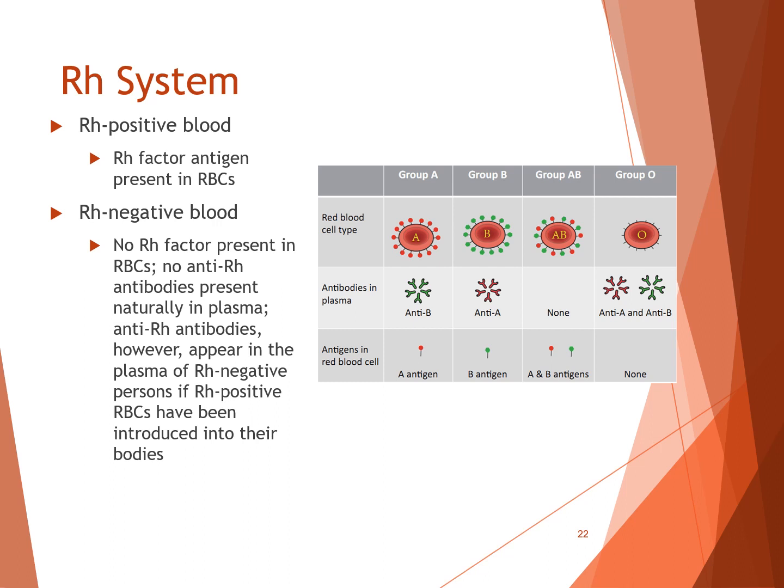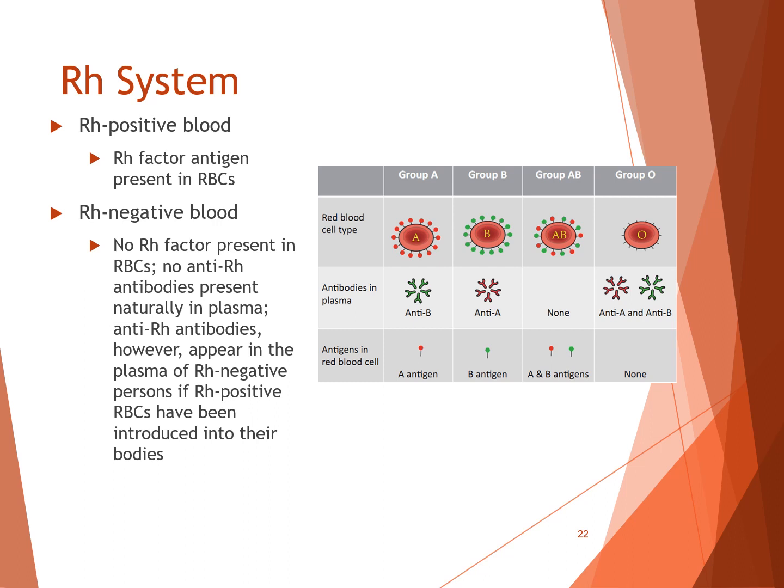Rh negative blood means that there's no rhesus factor present, or there's no antigen that's located on the red blood cell. This can be of a concern when we have a Rh negative mom and an Rh positive father. If the fetus is Rh positive, then this is going to stimulate the mom's body to generate anti-Rh antibodies.